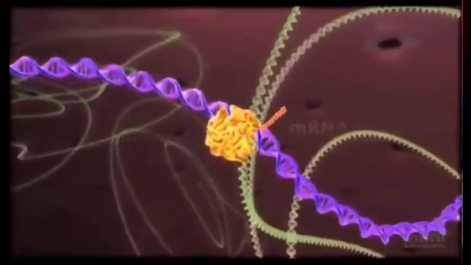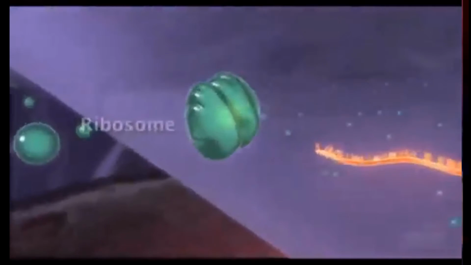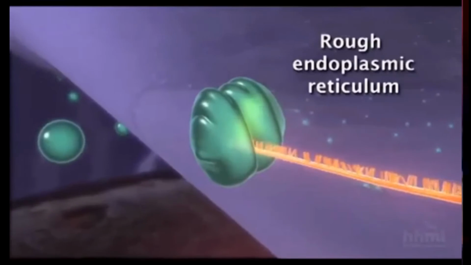Now, RNA polymerase comes along and makes messenger RNA. Those messenger RNAs encode for different viral proteins. They end up associating with ribosomes at the surface of the rough endoplasmic reticulum.